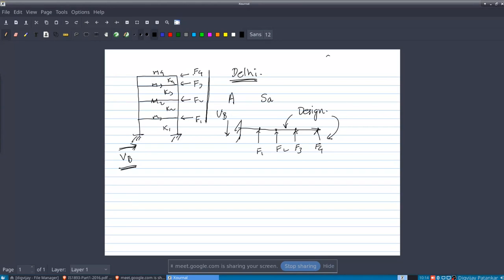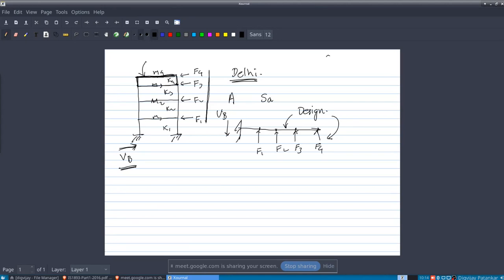And then once I have these forces, I can find out the internal forces in these elements, like shear force and bending moment, or axial forces also. So in all these elements I can find out the internal forces due to these external forces. And once I identify the internal forces like shear force and bending moment, then I know how to design this particular beam.